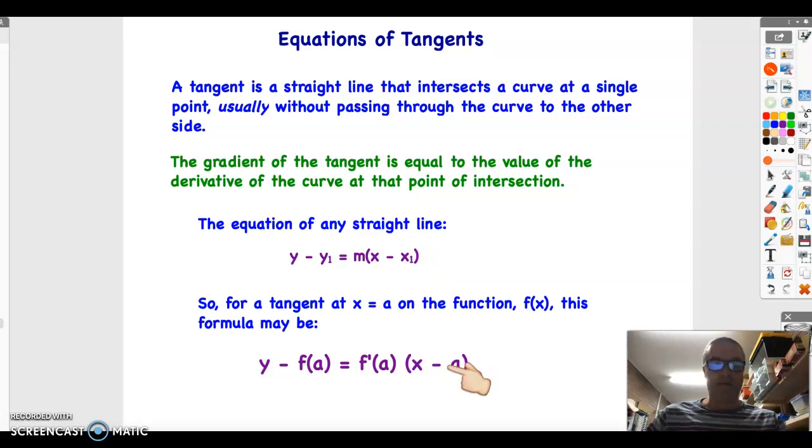F prime, this is where our derivative comes into it. F prime of a is our tangent's gradient, and our function of a is our value for y1. So one of the things I guess examiners like about equations of tangents is that they require students to understand both the function and its derivative and use them in the same problem.